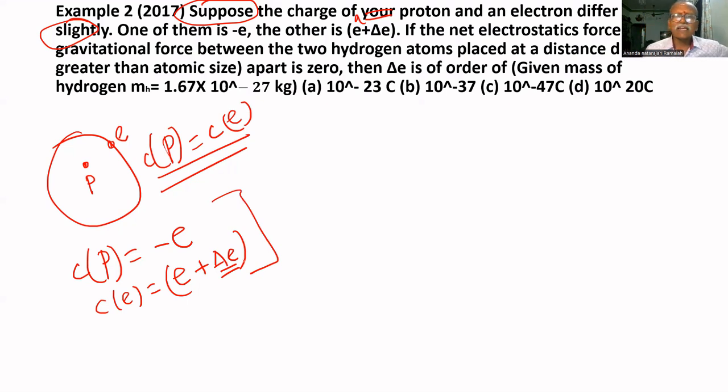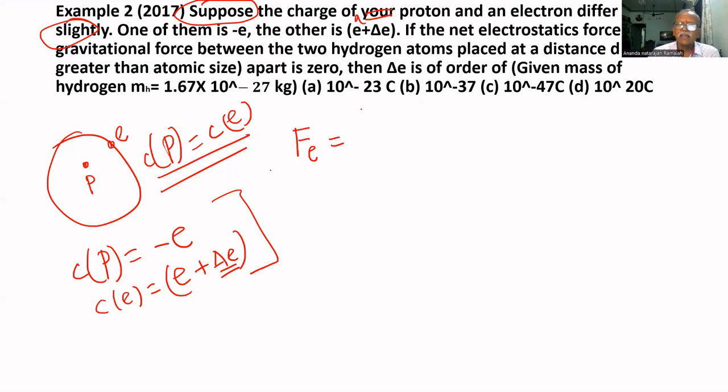The net electrostatic force and gravitational force between two hydrogen atoms placed at a distance d, much greater than atomic size apart, is 0. Then delta e is in the order of... Fe, electrostatic. What is the difference in charge we have to consider? Because it has e plus delta e, what is the difference?